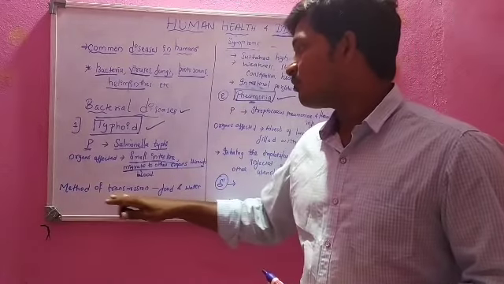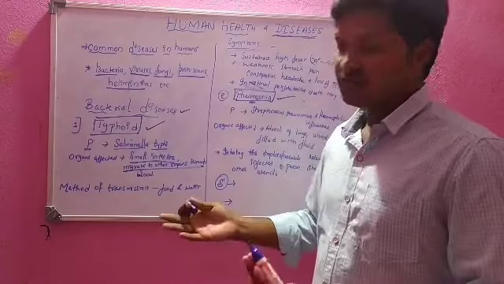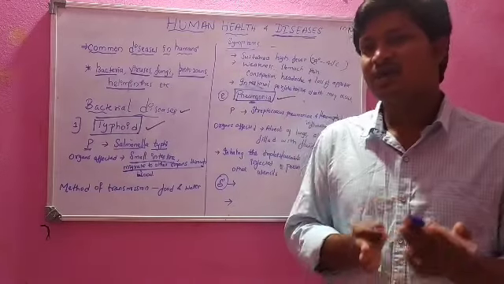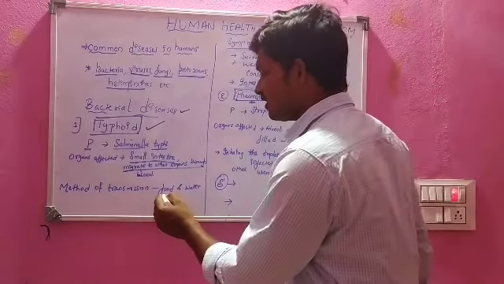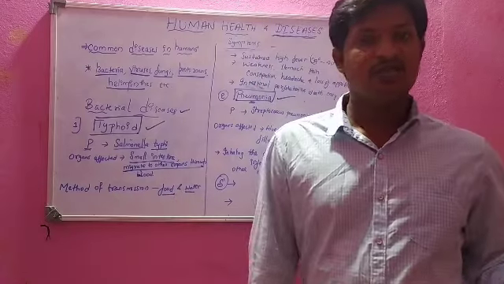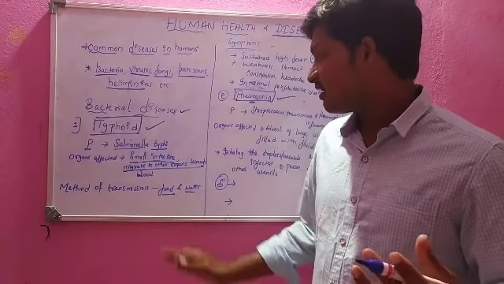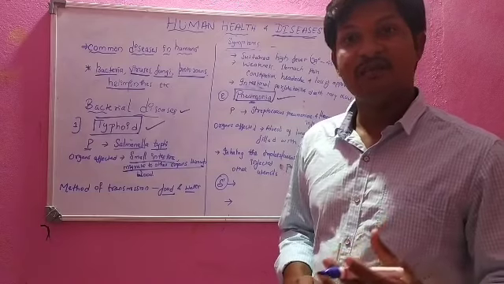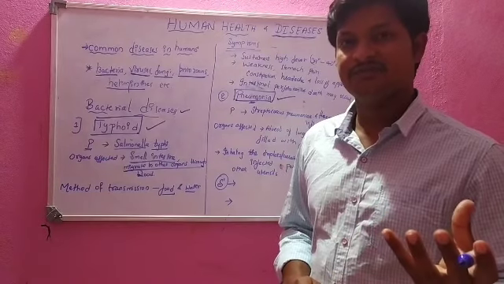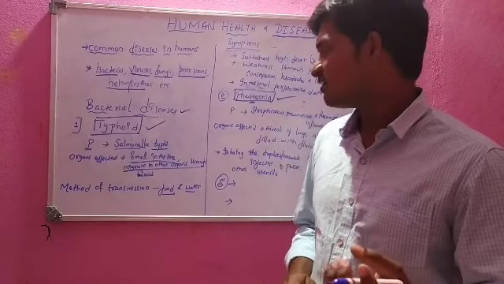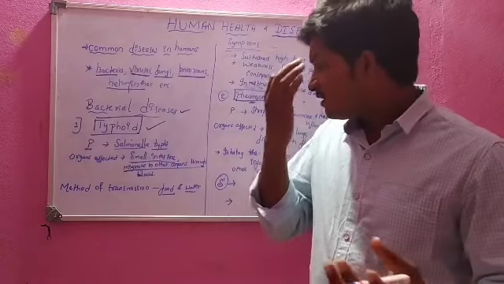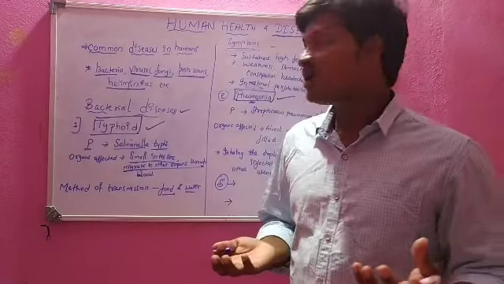Next is the method of transmission. Usually the method of transmission is through contaminated food and water. Contaminated means waste. Through that contaminated food and water the disease commonly spreads.